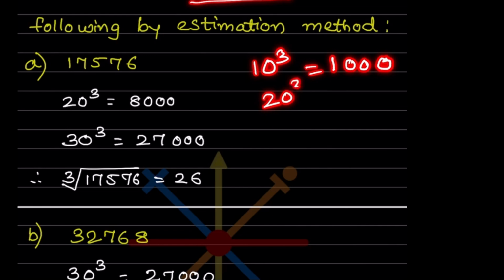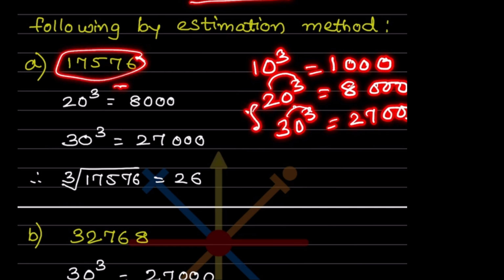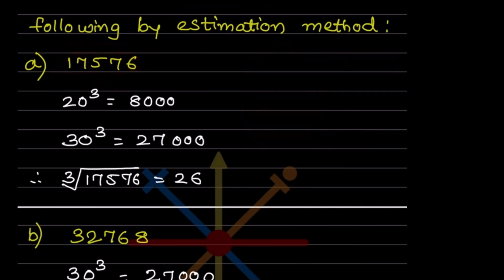If you take 20 cube, 2 cube is 8 and 3 zeros. If you take 30 cube, 3 cube is 27 and then there are 3 zeros. But this number, 17,576, lies between 20 cube and 30 cube. So this is what I have written over here. So after finding out this step, you will concentrate on the unit digit.